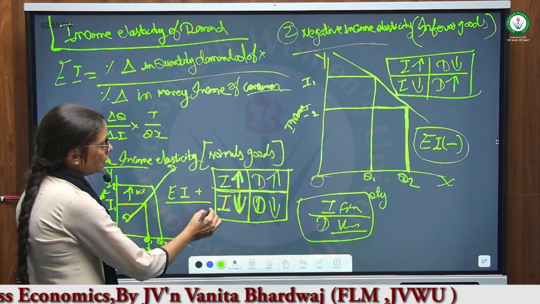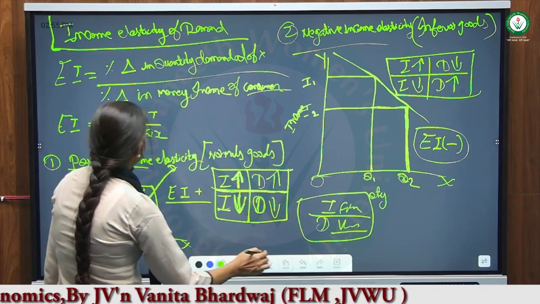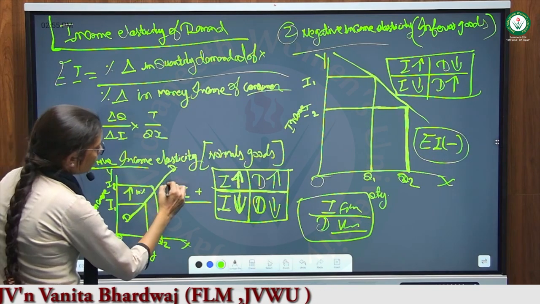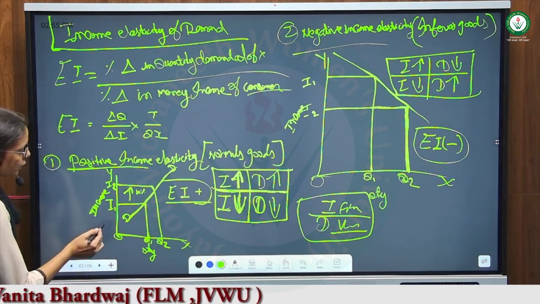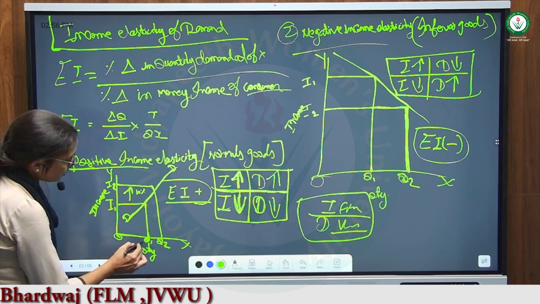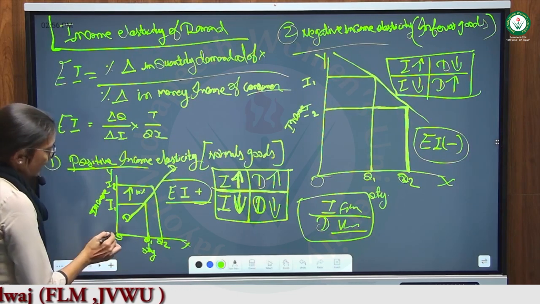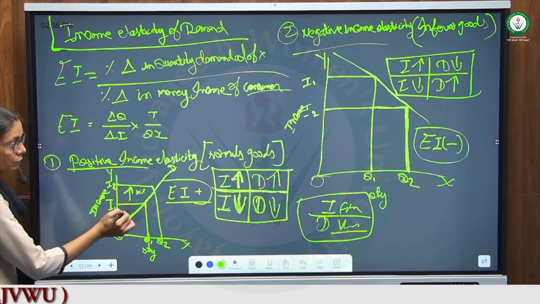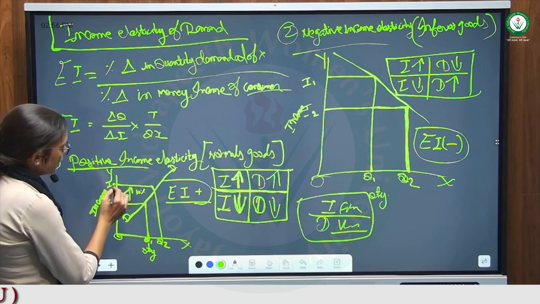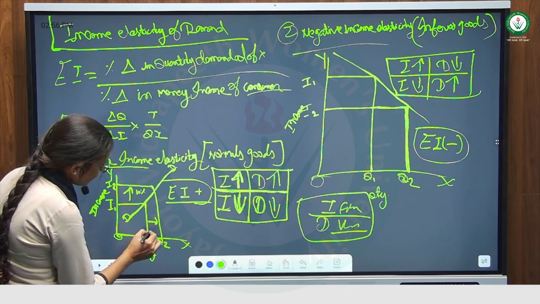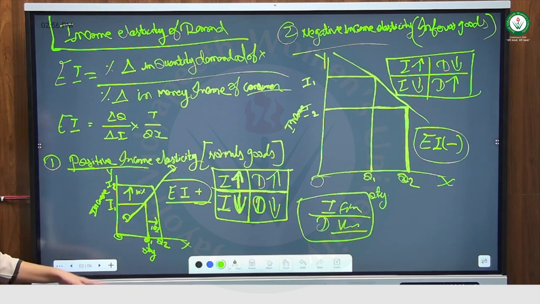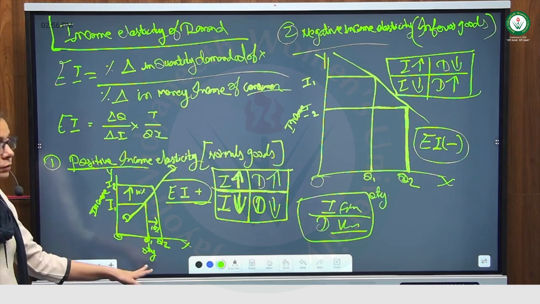This is the positive relationship of normal goods. When the consumer's income is OI, he is demanding OQ quantity. As the consumer's income increases from OI to O2, for example by 10%, he will increase the demand for the commodity by 10%, because there is no change in the price or quality of the commodity.